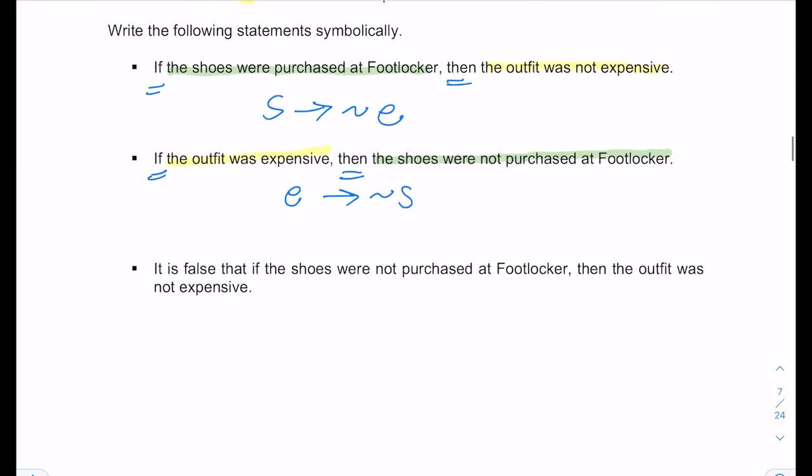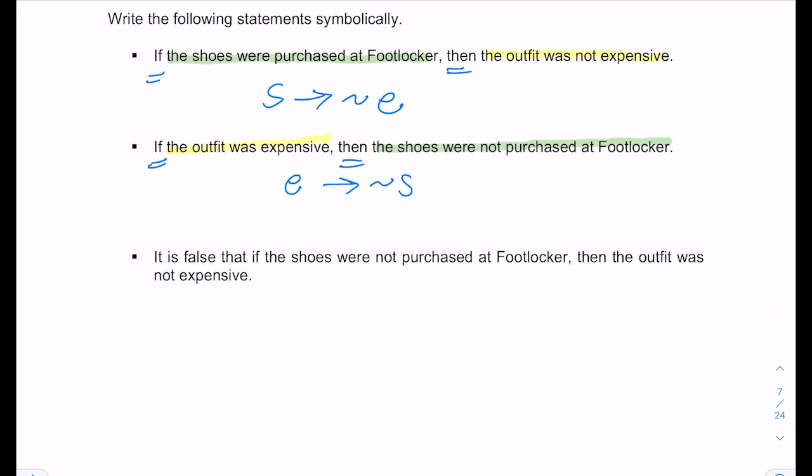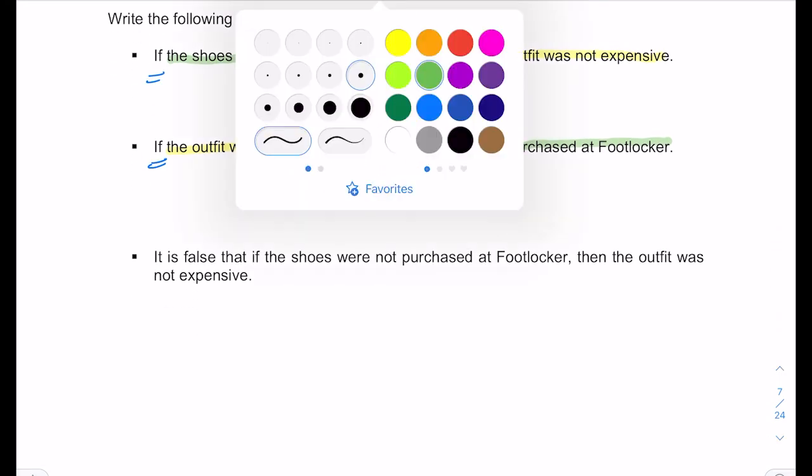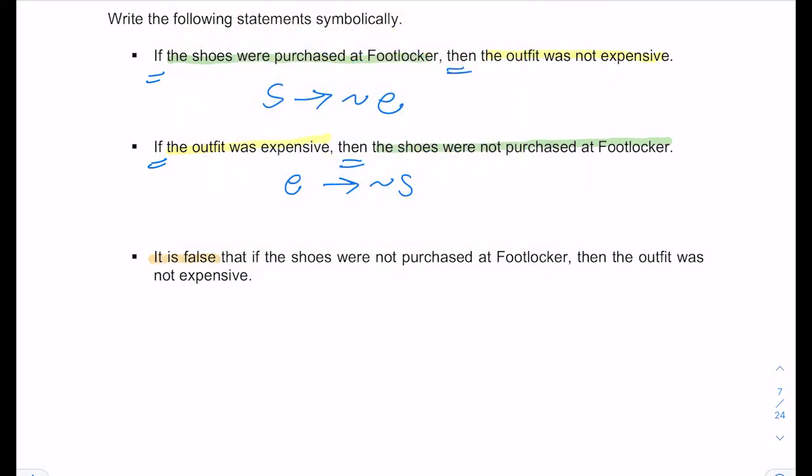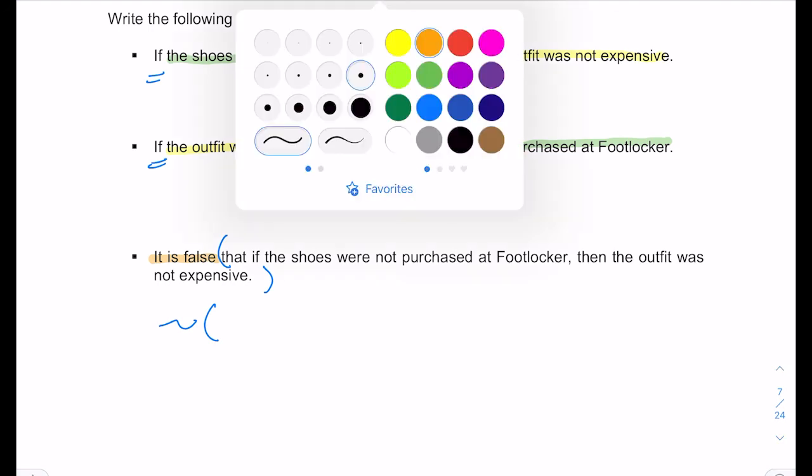And then the last statement starts out with, it is false. So if you'll recall, when we see it is false, we need to put parentheses around the rest of our statement. It is false would imply not. So I need the negation, so I need a tilde, and then parentheses. And then I have the shoes were not purchased at Foot Locker.